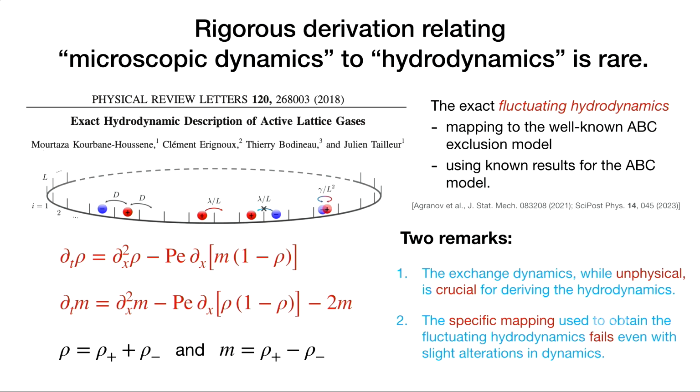So one is, each particle diffuses with a rate D. What it means is that in a small time dt, this particle, a plus particle, goes to an empty site with a probability capital D times dt, and then the hole goes to the other one.